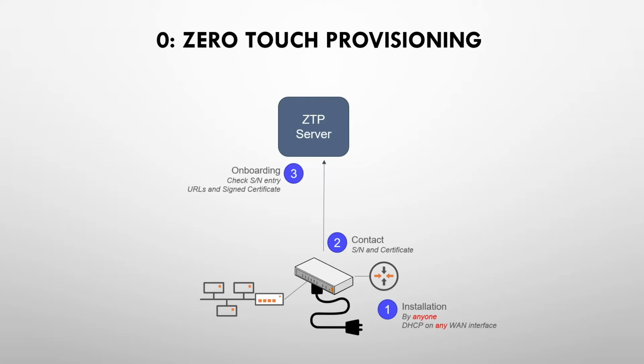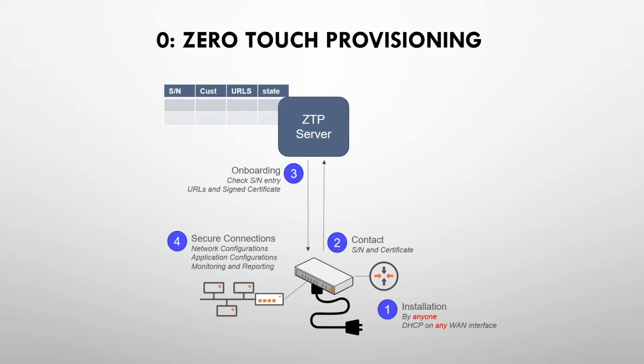Then it's the ZTP server's turn to do the onboarding process. Basically it will check the serial number in the database to find out which customer it belongs to. Then it will send back the URL of the SD-WAN orchestrator and send the signed certificate back to the device.